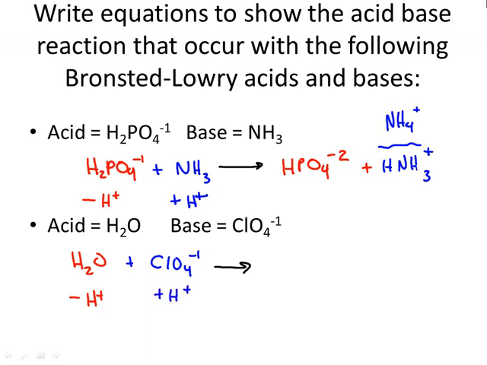So in this case, if I take away an H plus from water, I'm left with OH minus, because it was neutral and I removed an H plus. If I add an H plus to ClO4 negative 1, now it becomes neutral, because I was negative, and now I've added a positive, and plus 1 minus 1 equals 0.